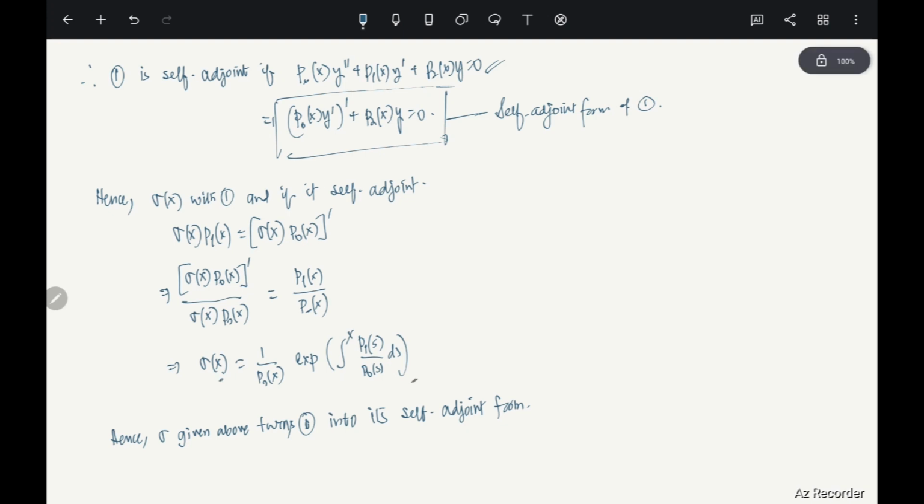What is sigma? Sigma is essentially this. If you multiply it with this equation, it actually becomes its self-adjoint form. That is how you transform an equation into a self-adjoint form. Now the next part is very, very, very important. Please understand what is happening, because we are going to use it to solve many a problem.